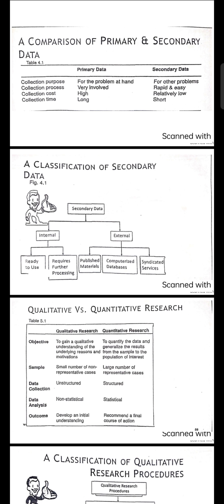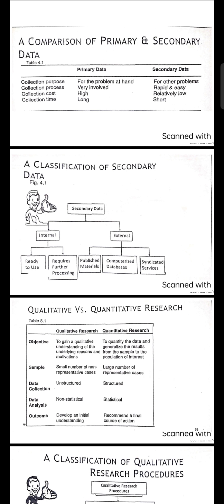You know what was transacted recently, before the data is submitted to the land office. That means you know the immediate, latest transaction. So that's why it is very involved. It's the data that you have gathered yourself, first-hand information.